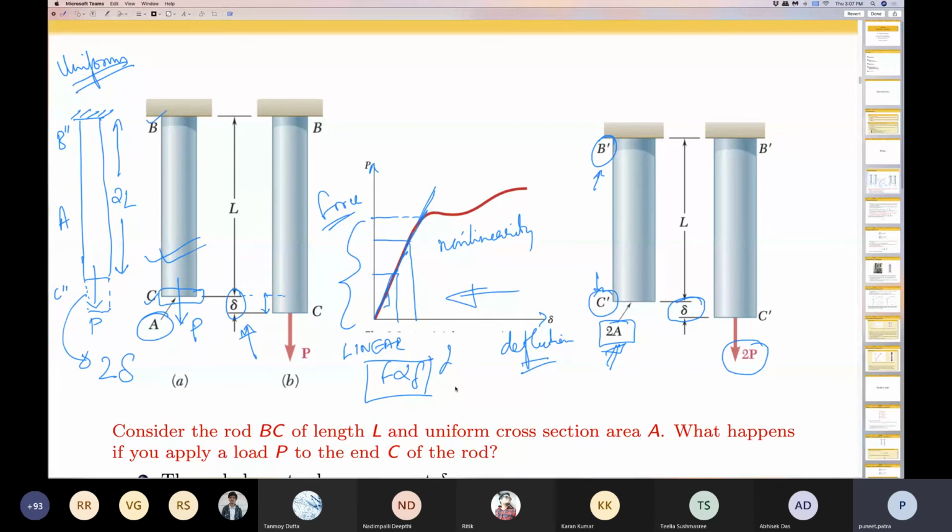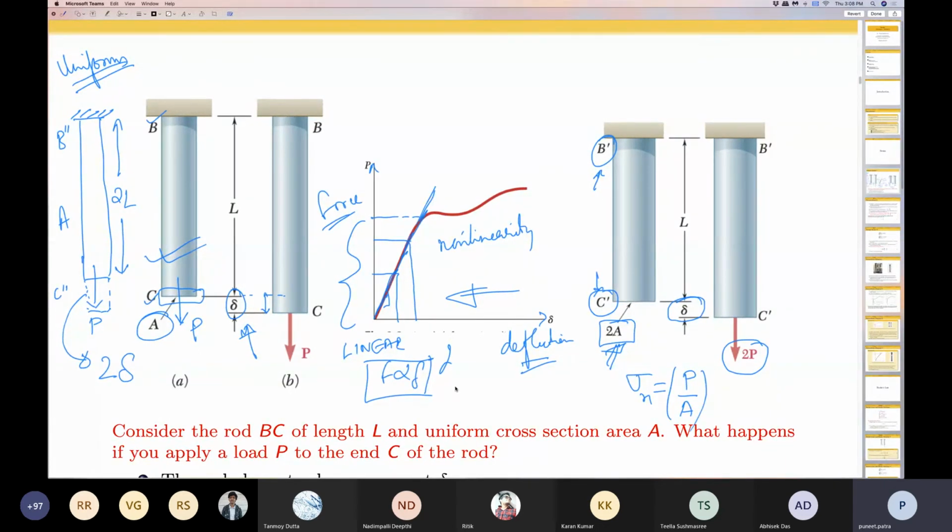In order to do that, what we usually do is, one of the quantities of interest for us would be the stress sigma n, and this stress is defined as P by A. So with this definition of stress, force per unit area, where the area is the perpendicular, basically the cross-sectional area on which the force acts along the direction in which you are considering. So this is independent of the area.